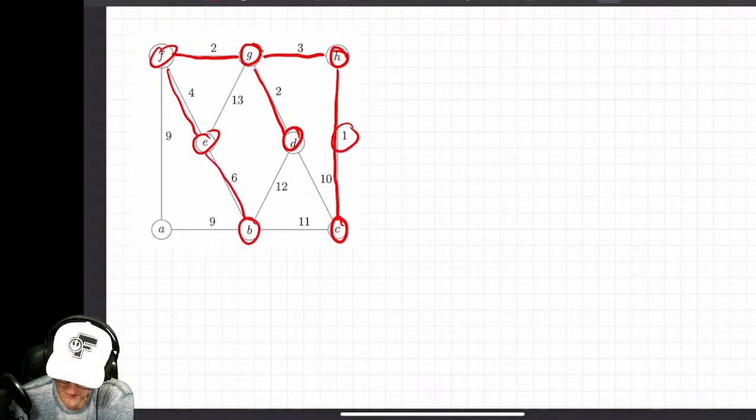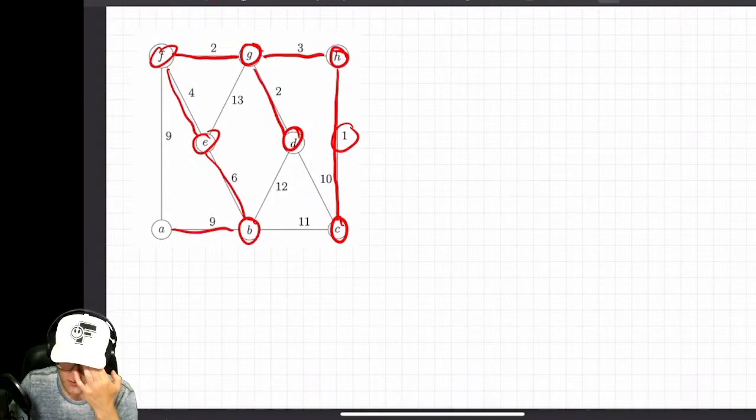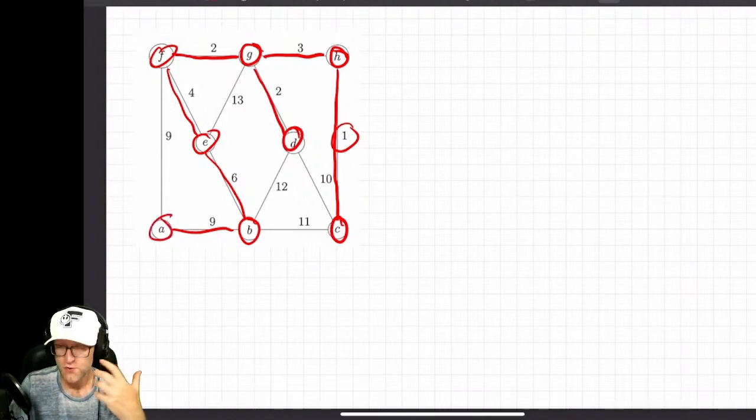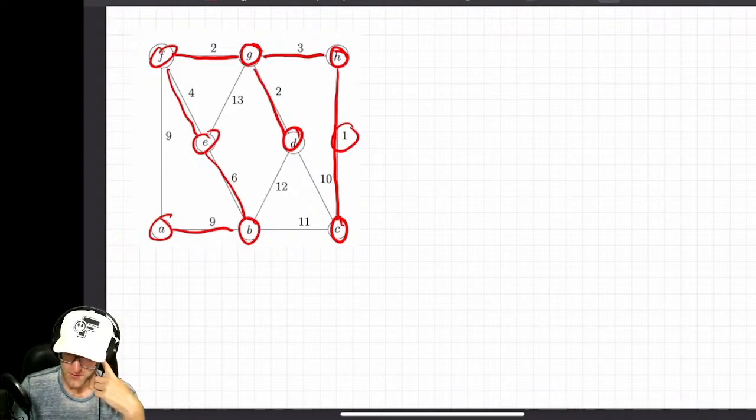So 7, 8, none. 9. And I would probably go from B here to break ties. And at that point, you're done. There's no other edges to consider because Kruskal's would be done at that point because you've connected everything. Okay? So that was a really, really quick version of Kruskal's.